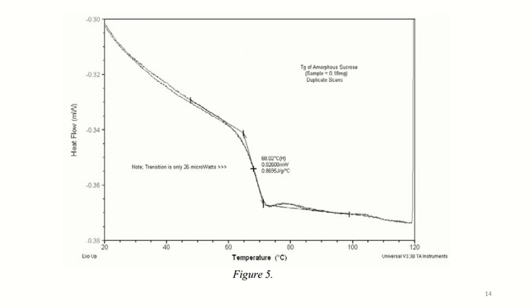The figure shows duplicate runs on a very small sample. This very small sample means we can even take 180 micrograms of freeze-dried amorphous sucrose.